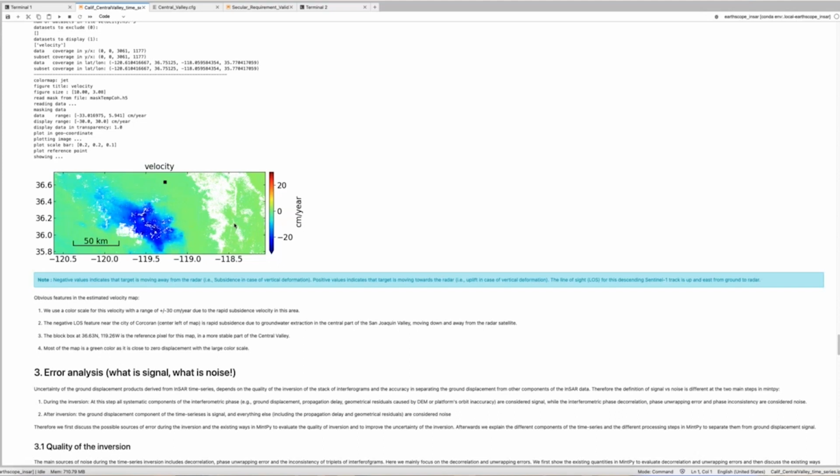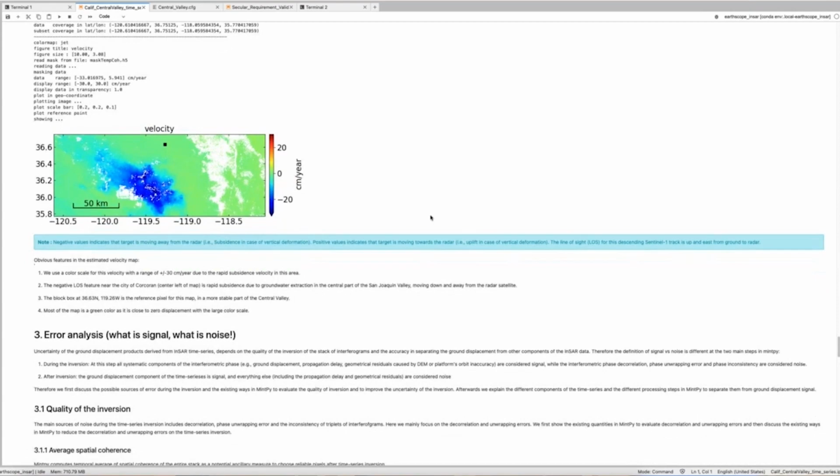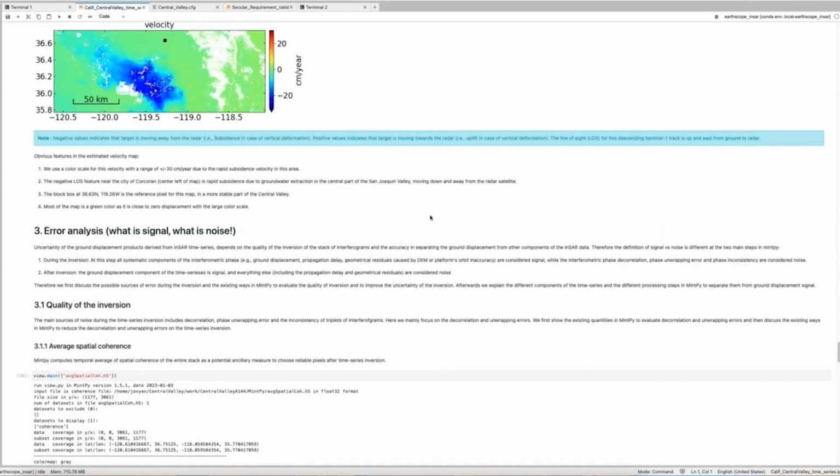There are other places in the world, especially Mexico City, that are subsiding even faster than this area. I think in some years, Mexico City is subsiding at up to 60 centimeters per year. So these rates are very high in many parts of the world, and especially here.